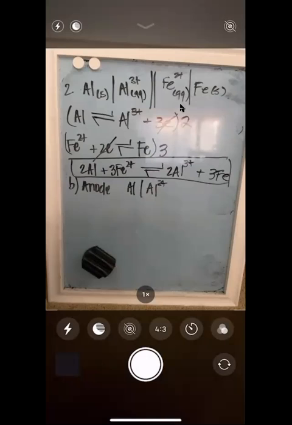Well, the half reactions that are given are Zn2+ plus 2 electrons to Zn solid, and then Pb2+ plus 2 electrons to Pb. Now, it also gives you the standard potentials for each, which is negative 0.76 and negative 0.13.